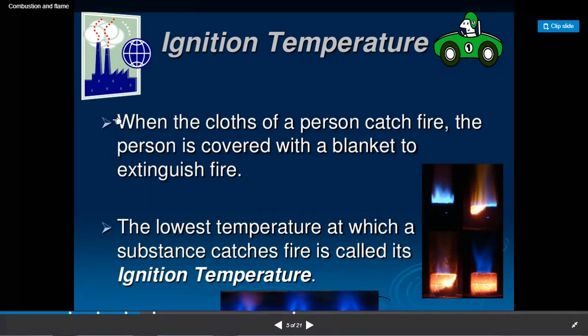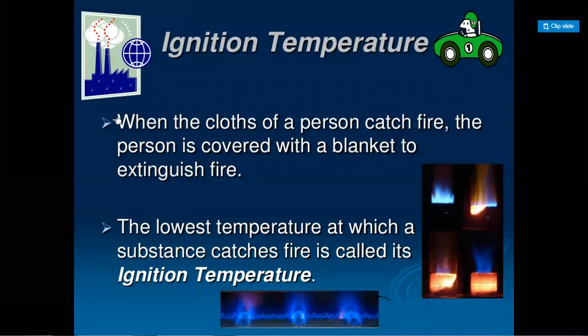Okay, sure. Ignition temperature. Just think of a simple dry leaf. You might have seen dry leaves. When you bring a burning matchstick to a single dry leaf, it will catch fire easily, right? But if you take a green leaf of the same kind, same tree, same shape, same size, then it will not burn.